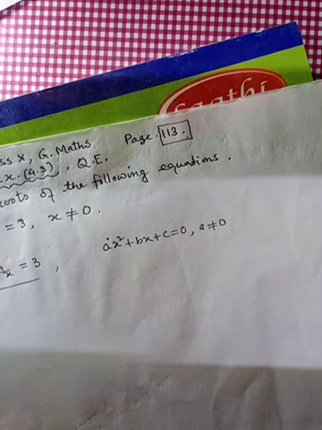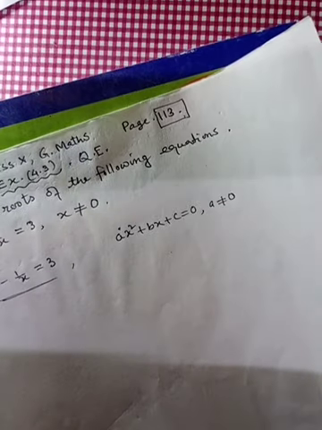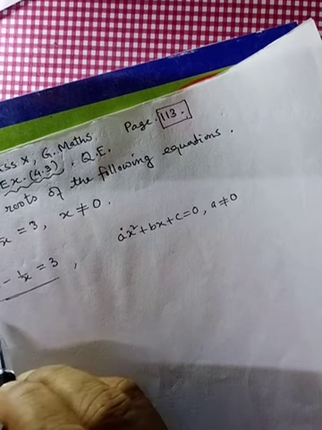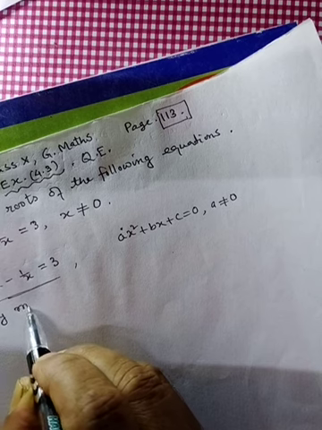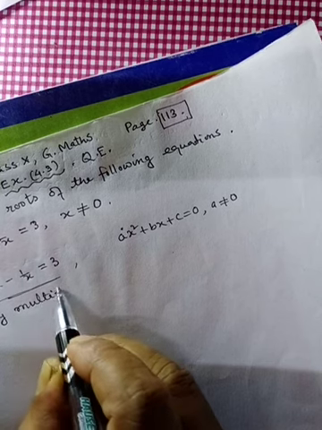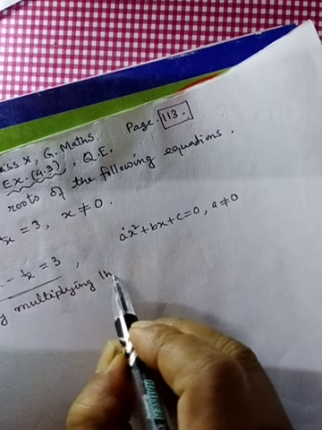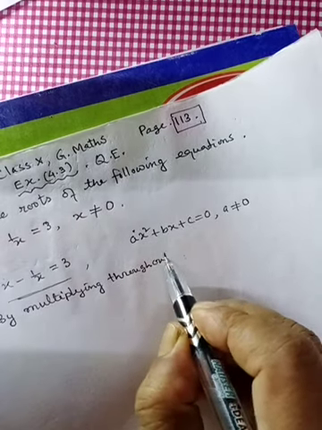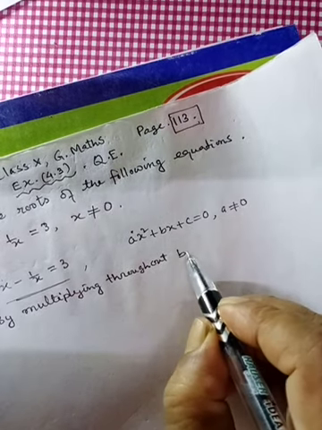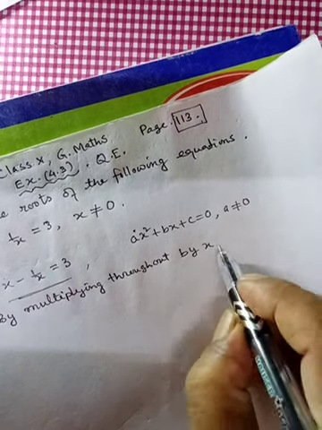So in order to make this a quadratic equation, first of all, we multiply throughout by x.